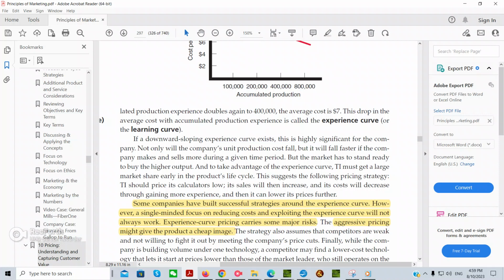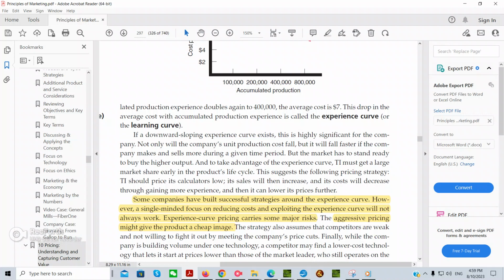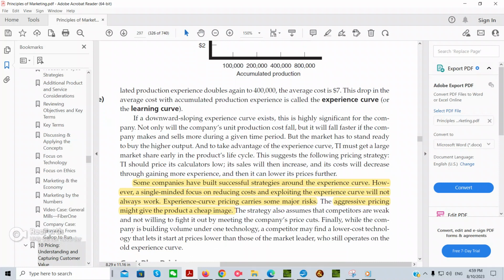And the implication of the word cheap means cheap in quality, not just in price. So that's the risk. The strategy also assumes that competitors are weak and not willing to fight it out by meeting the company's price cuts. Finally, while the company is building volume under one technology, the competitor may find lower cost technologies that start at prices lower than those of the market leader.